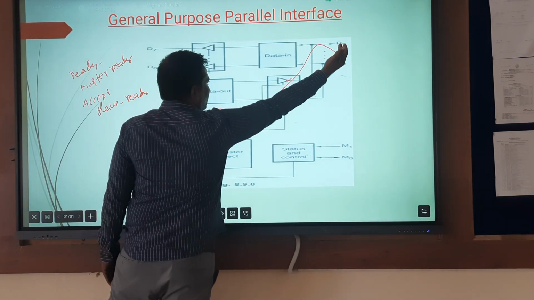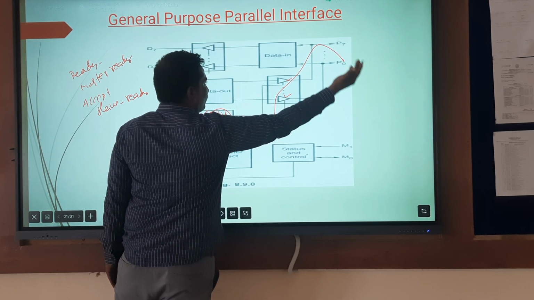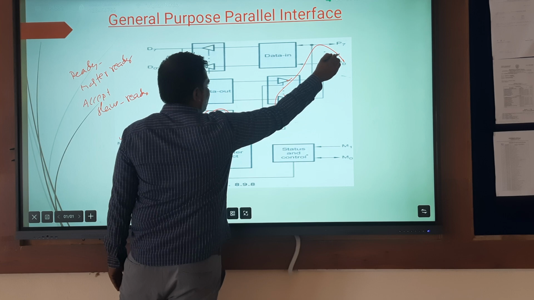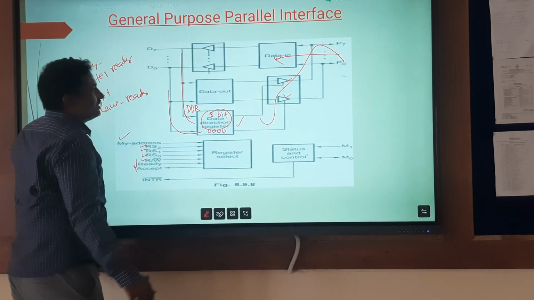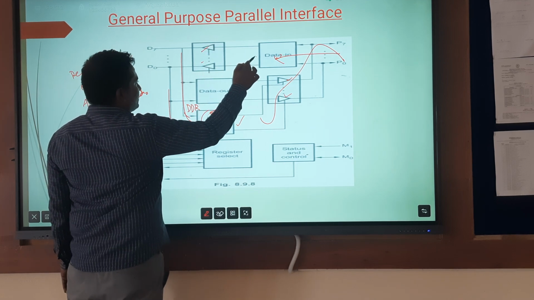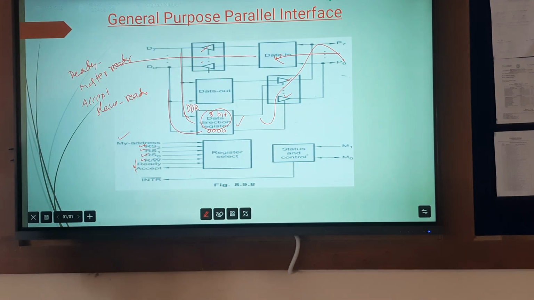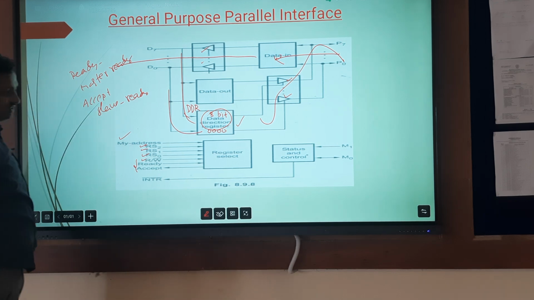Okay. So generally the input register is used to receive the data from the slave devices to the data in register. Once the driver circuits are activated, then the data will be accepted into the input buffer, into the processor register.